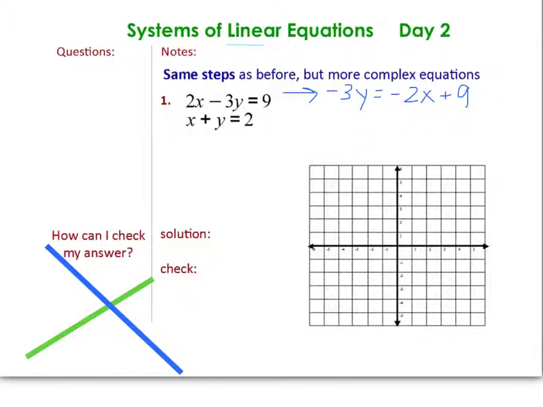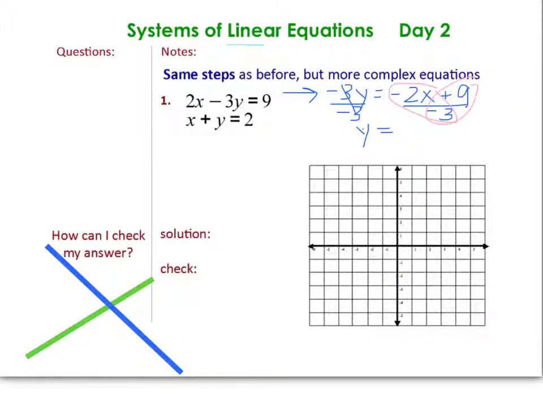Now, I'm trying to get y alone, so I'm going to divide all pieces by negative 3. Those negative 3's cancel and I get y all by itself. We said that if you love your fraction, it'll love you back.